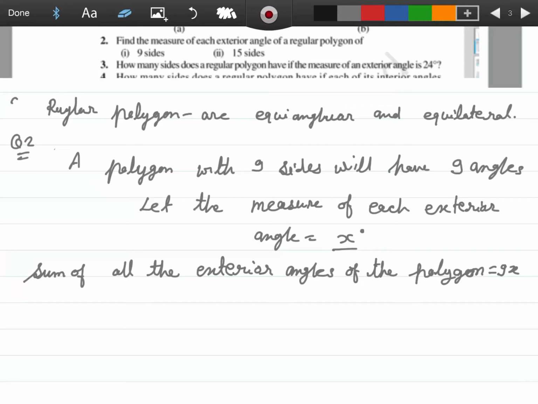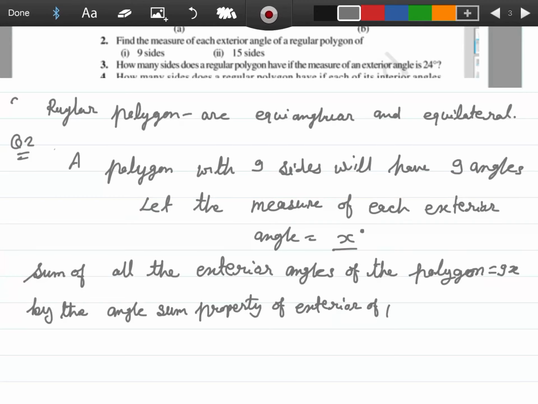And by the exterior angle sum property of a polygon, 9x is equal to 360 degrees.